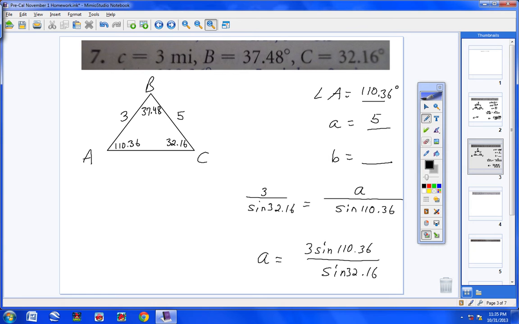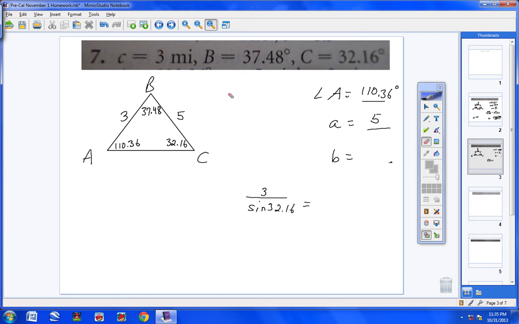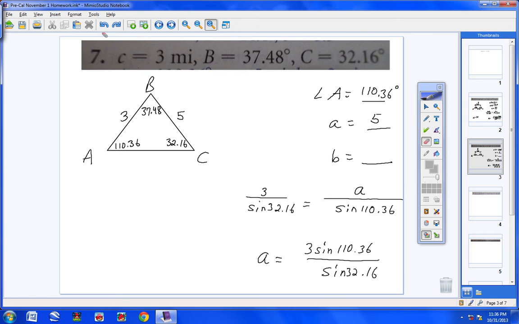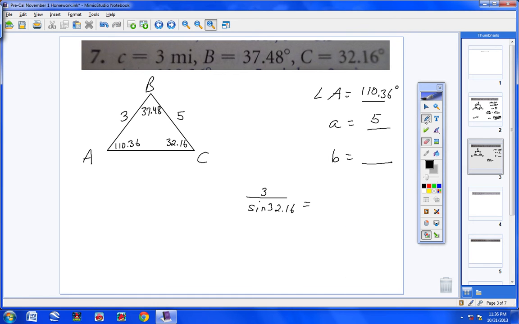And now, remember, we're going to go ahead and solve for side B. Look, students, it's totally fine to keep using this original fraction right here, this first pair. It does make total sense to do that. So I'm going to leave this right here. That's side C over the sine of C. And now I'm going to solve for B. So I have side B over the sine of angle B, and that's 37.48.